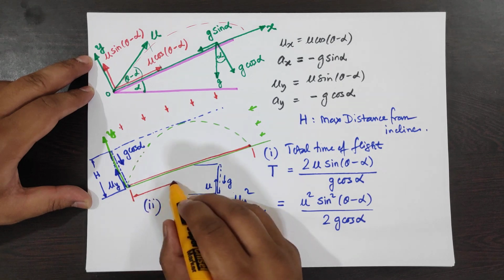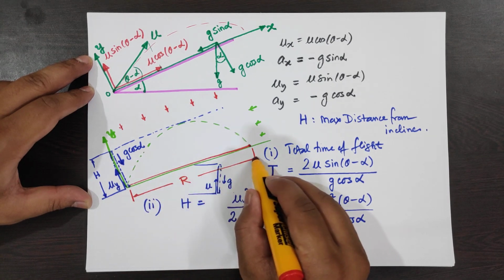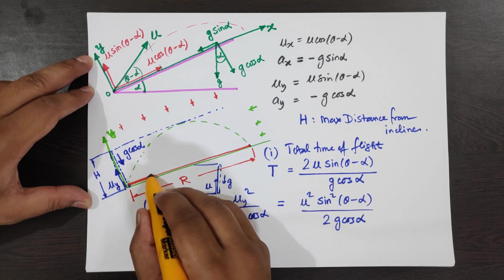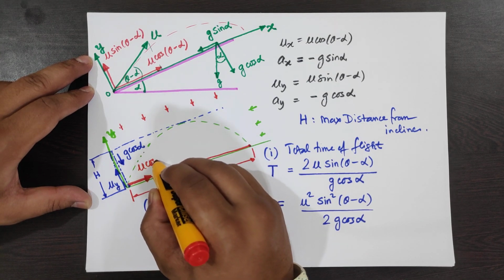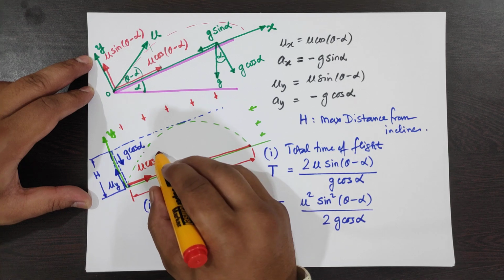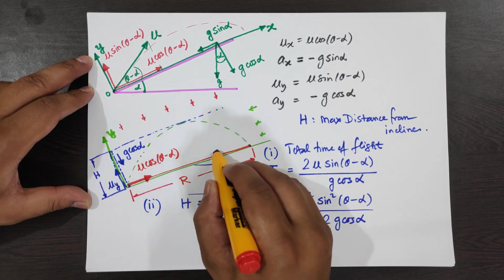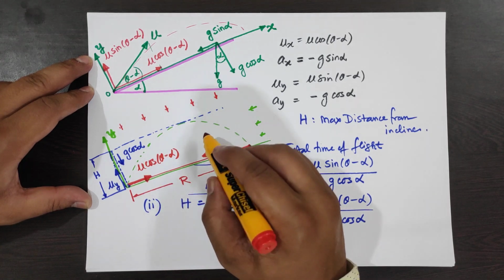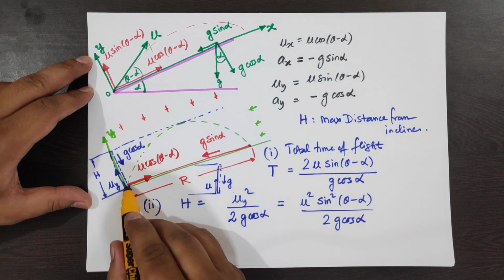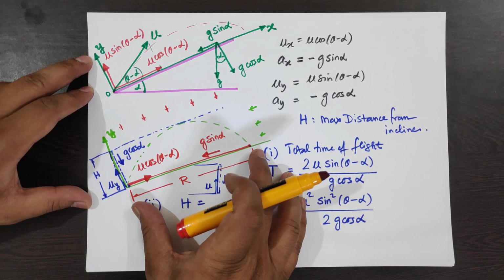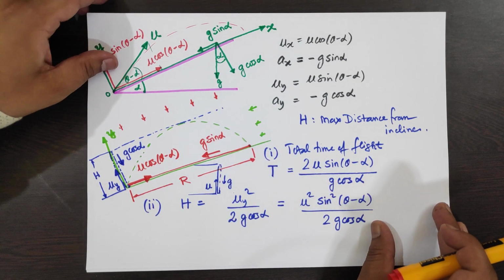This distance is the range R, and it will start with a velocity of u cos(theta minus alpha), and it will have a uniform retardation of g sin alpha. And from here to here it will take time, how much? This capital T, the total time of flight.